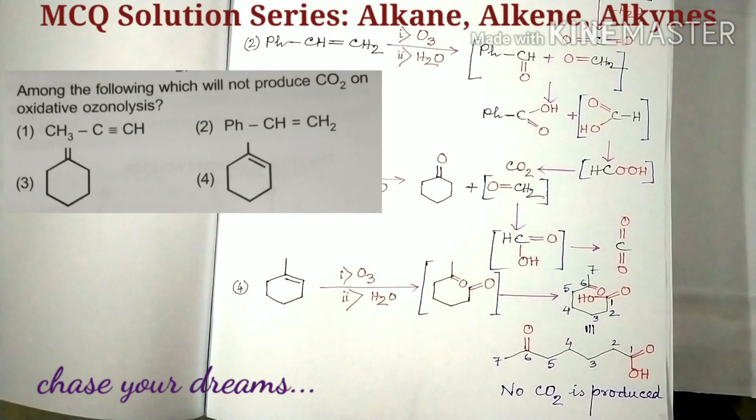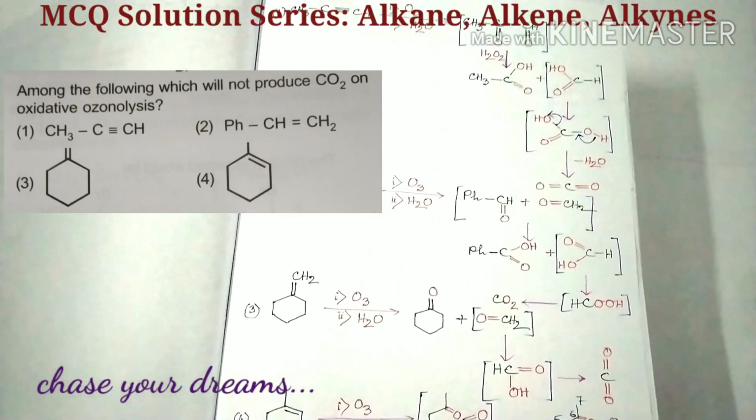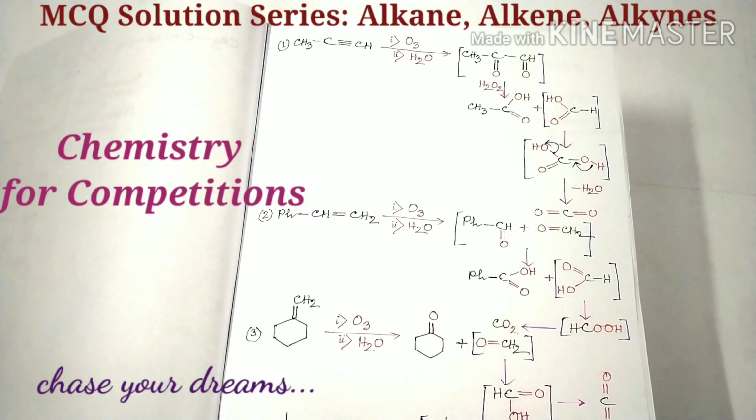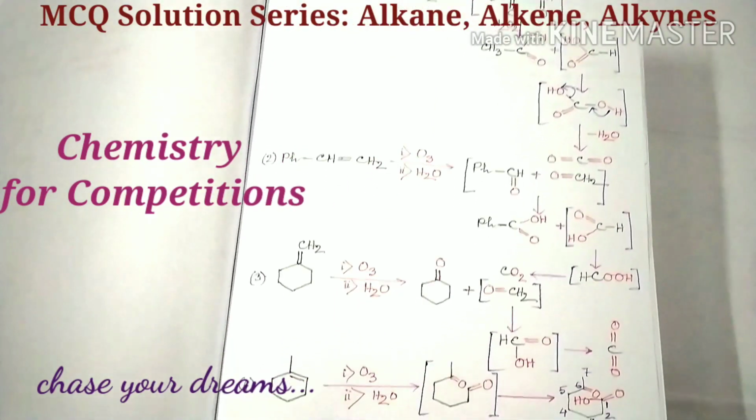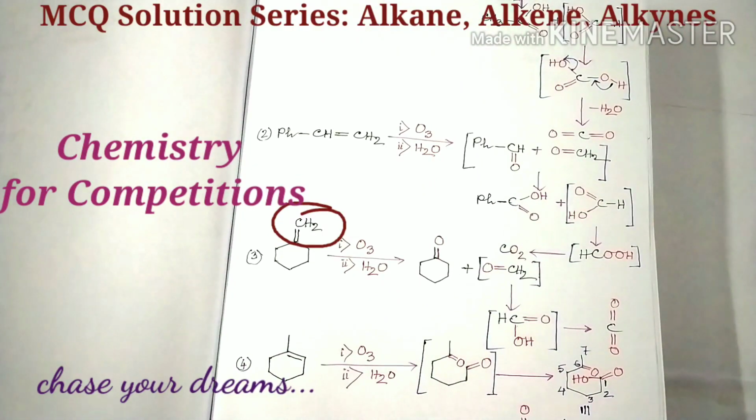So actually the carbon dioxide molecules are produced from oxidative ozonolysis where the double bond or triple bond is at the terminal position. Look at here, we can verify from compound 1. This is a terminal alkyne, compound 2 is a terminal alkene, compound 3 is definitely a terminal alkene.